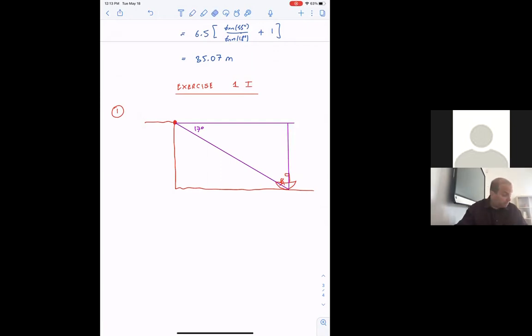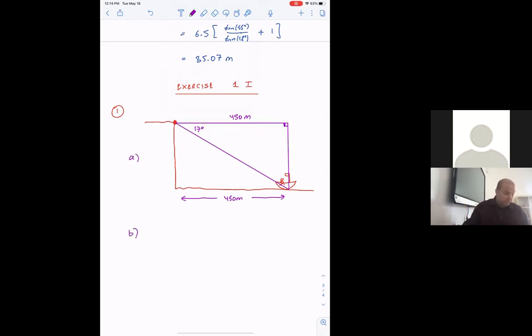The boat is 450 meters from shore. So this distance here is 450 meters. Of course, since the upper triangle is the one that I'm going to use, I also know that the top here is 450 meters.